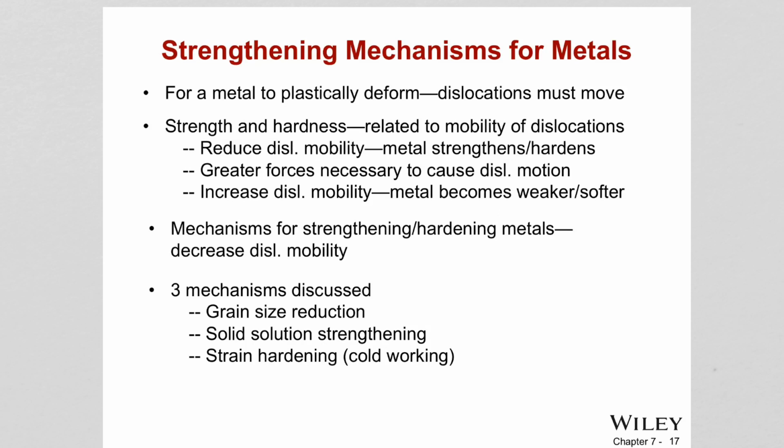So we're going to learn how we can introduce obstacles to the dislocations, and these are going to be grain size reduction, because the smaller the grain size, the more grain boundaries. The grain boundaries are where atoms, remember, are randomly oriented, and it requires more energy to cross from one grain to another, and we're going to see it, okay?